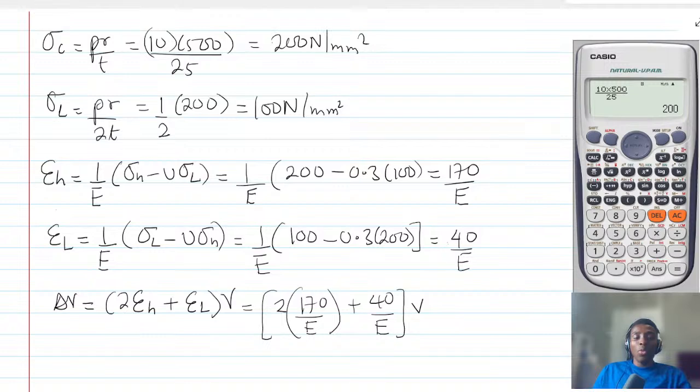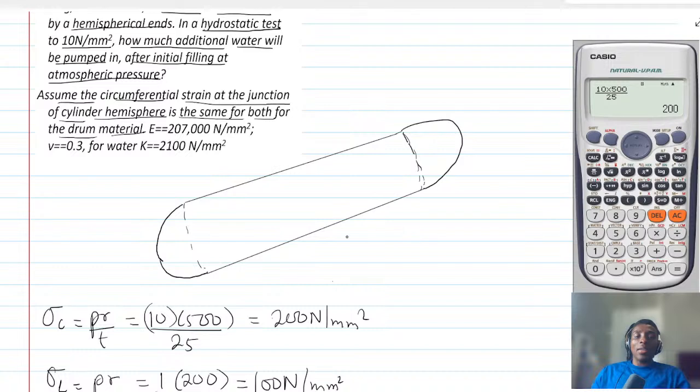But the actual volume we know, because it is a cylinder, and the volume of a cylinder is base area times height. So the volume of a cylinder is pi d squared over 4 times the length.